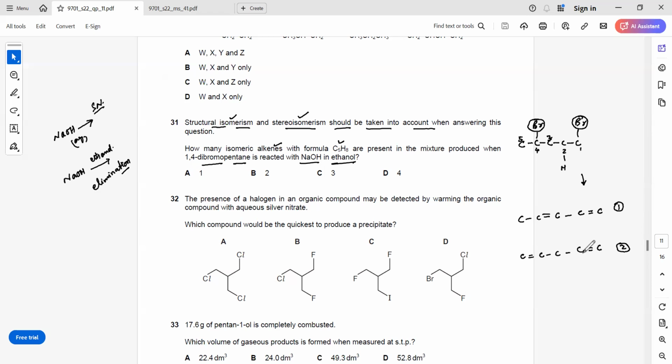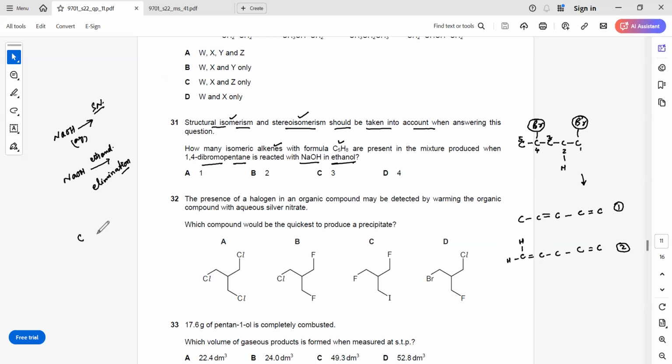Is it clear? But when we talk about these two structures, they are saying consider stereoisomerism. Is there any compound which can show stereoisomerism? So we can see here this carbon has two hydrogen atoms. If the carbon is bonded with similar groups, that cannot show stereoisomerism.